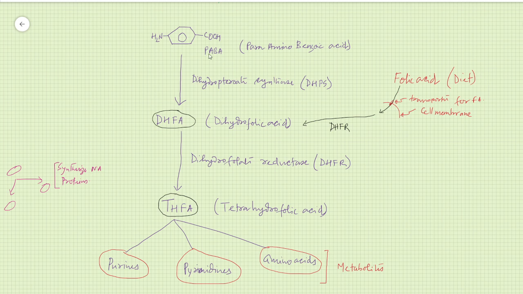But what's different is we don't have the synthetic pathway, para-aminobenzoic acid being converted to dihydrofolic acid. So we directly take in folic acid from our diet. This is the point of difference between human beings and bacteria. Bacteria synthesize the folic acid inside their cell by a process that we call de novo synthesis.